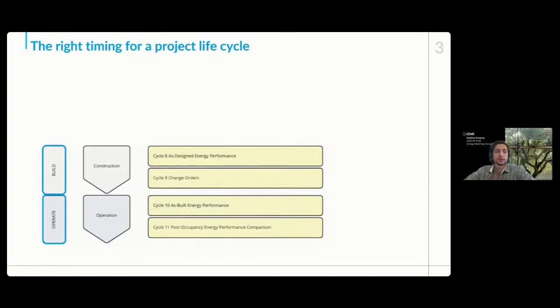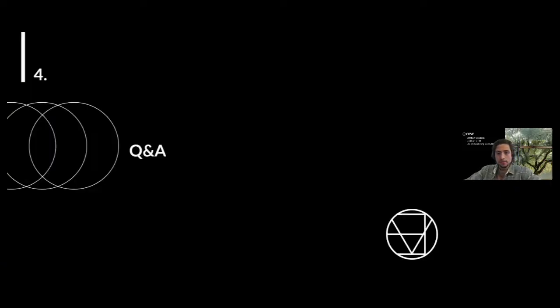So you can actually compare if your design is doing what you expected, and this also informs building operators and property managers, and it makes ongoing improvement and efficiency management of the building possible. So, that's that. And with that, I will open the floor. If there are any questions, I can happily address them.